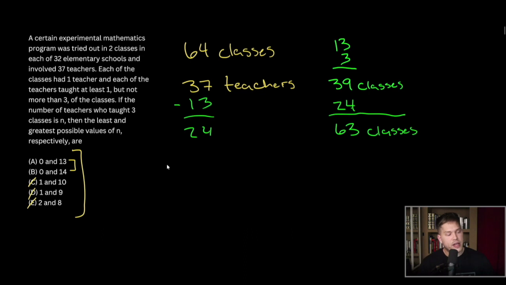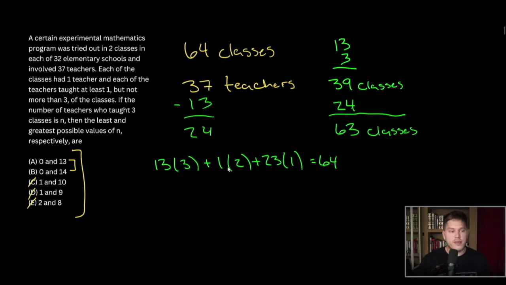That implies that 13 teachers taught 3 classes, 1 teacher taught 2 classes, and then the remaining 23 teachers taught 1 class. And that would give us the total of the 64 classes. So this is a valid way, but is 13 the maximum, or is 14?